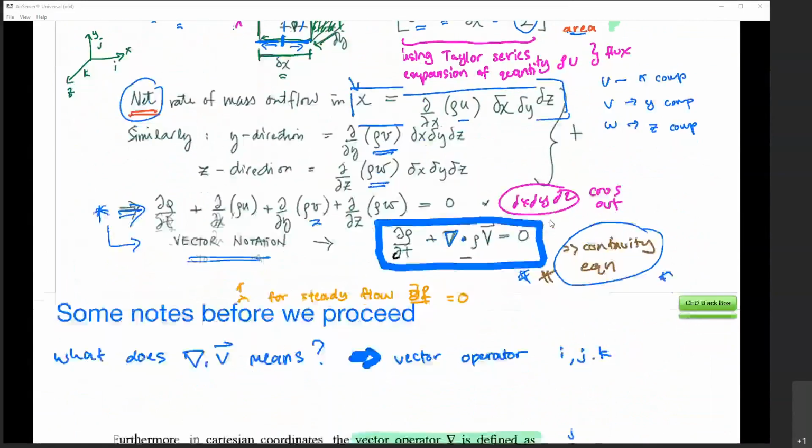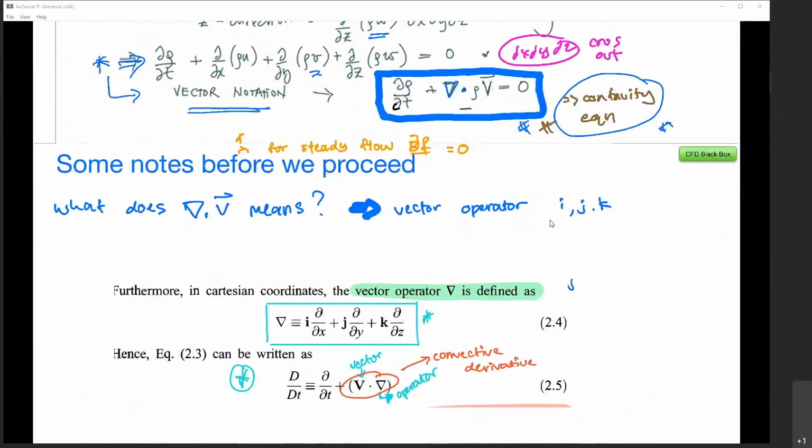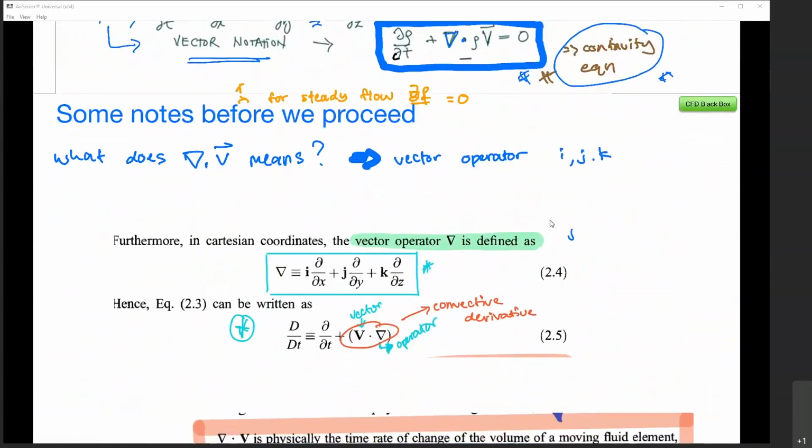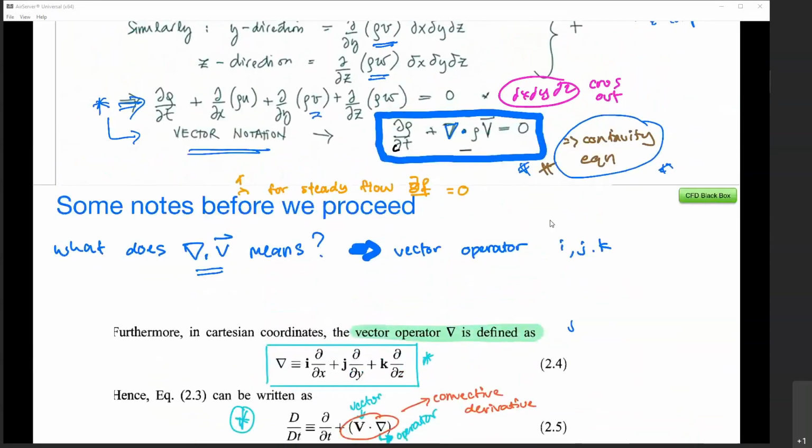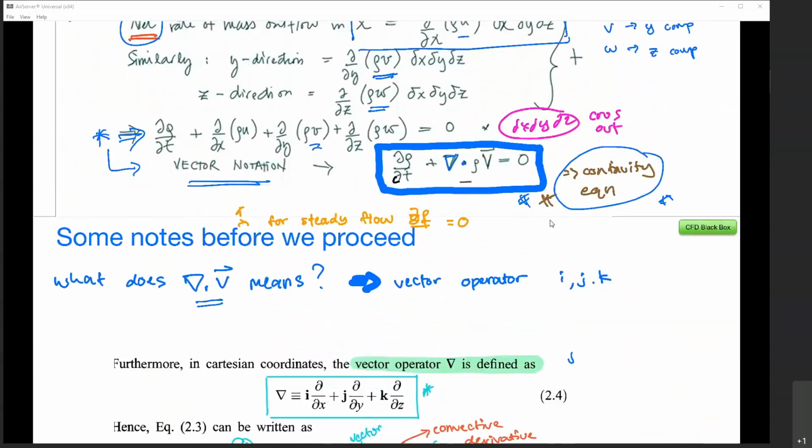So quickly, some notes before we proceed. What does this term mean? This is just a vector operation. This symbol, the vector operator multiplied by the V here, is the vector operator for i, j, k.